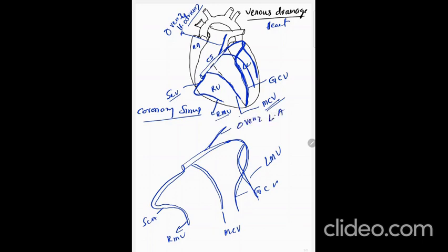Then there is one more vein, the posterior vein of the left ventricle. So this is the diagram of the coronary sinus.